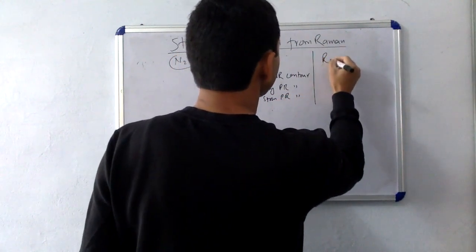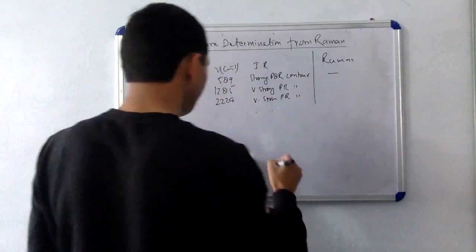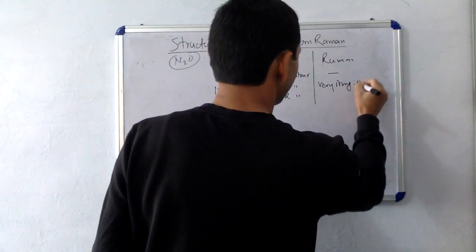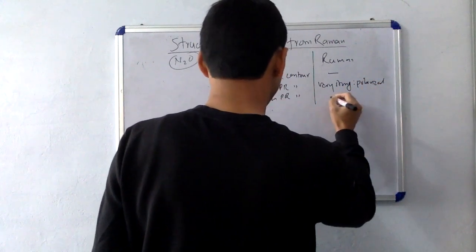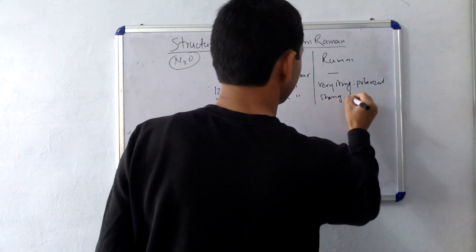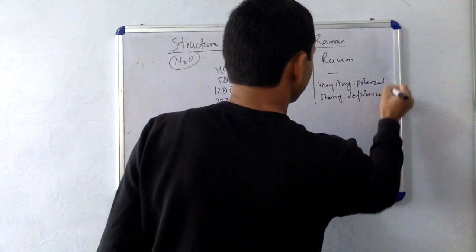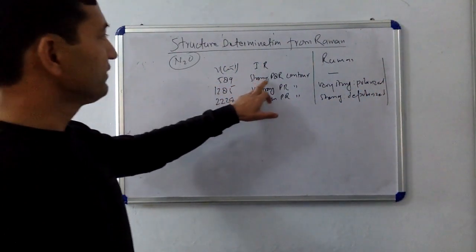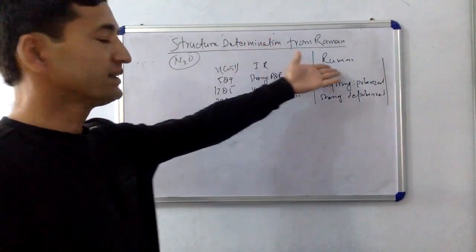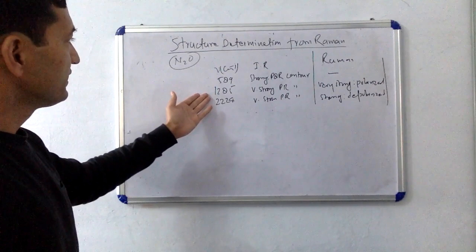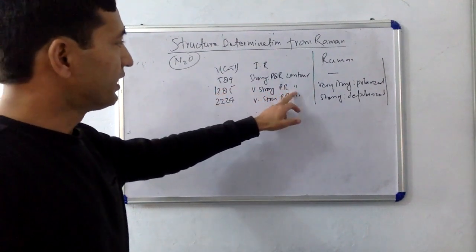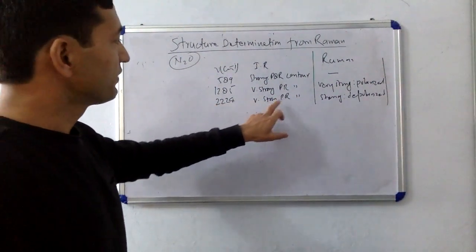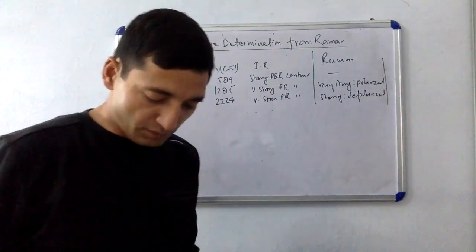In the Raman, there is no Raman line at the first, while at the 1285 very strong polarized and at 2224 strong depolarized lines are seen. So for this N2O molecule, corresponding to this wave number we get PQR bands in the infrared but no Raman at all. For this wave number, we have very strong PR contours with a very strong polarized Raman line, and for 2224 very strong PR bands but a strongly depolarized Raman line.